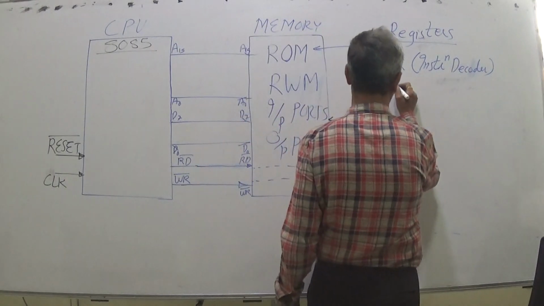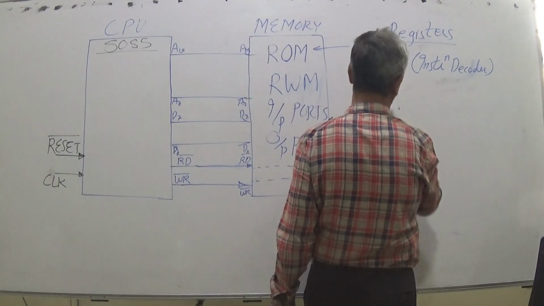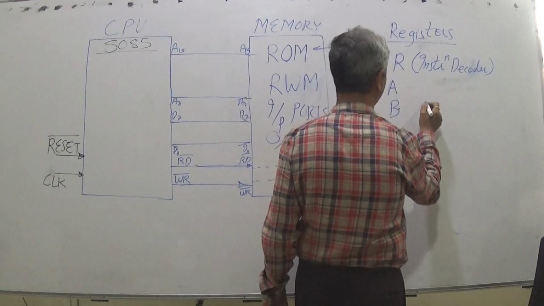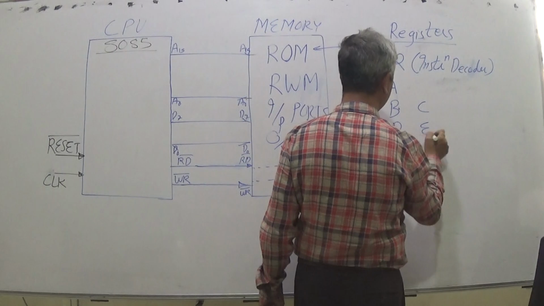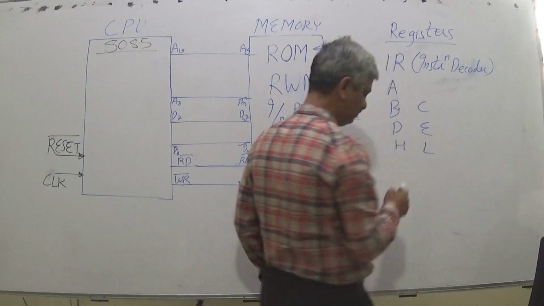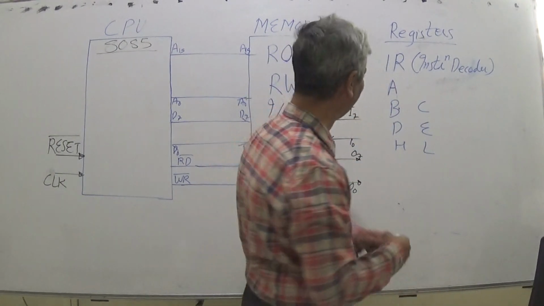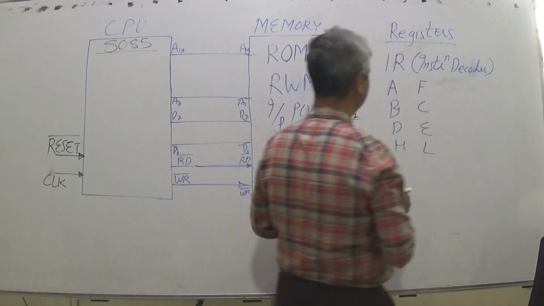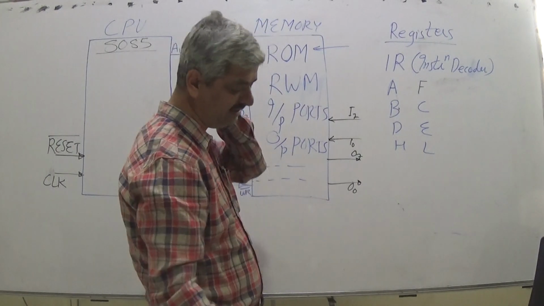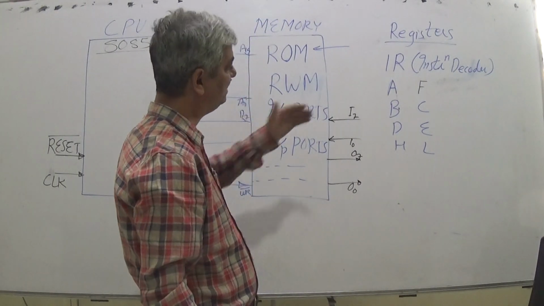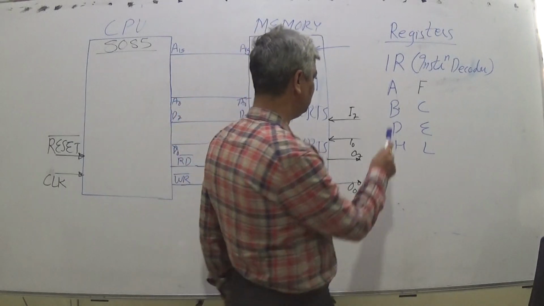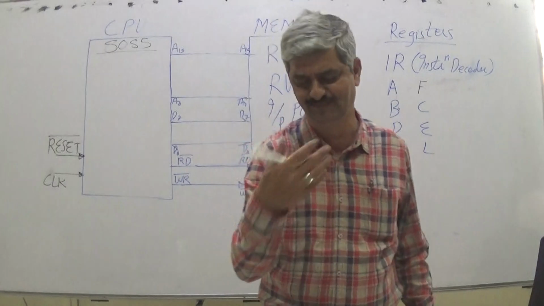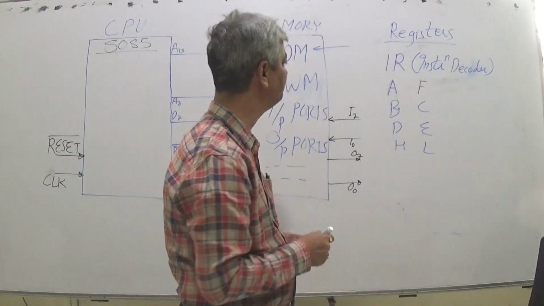For the 8085, the accumulator A is a register, where also some special functions take place. Then B, C, D, E, H, L. There is one more register, paired with the accumulator, where some bits are important, which is the flag register. These are the registers inside the microprocessor. These are general purpose registers. General just means names; some name is to be given to identify them, so that name is there.